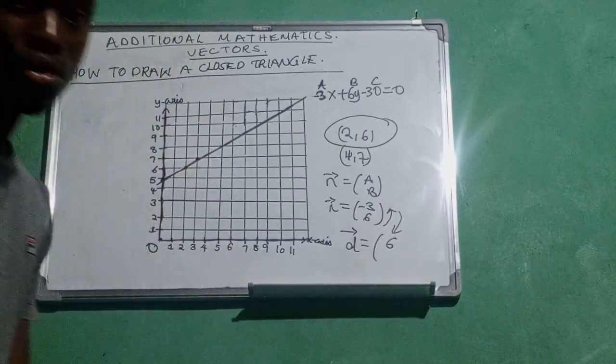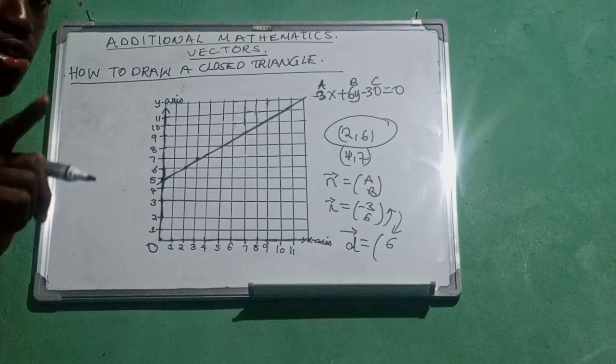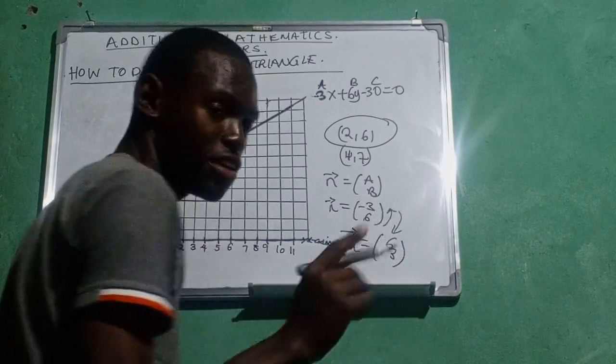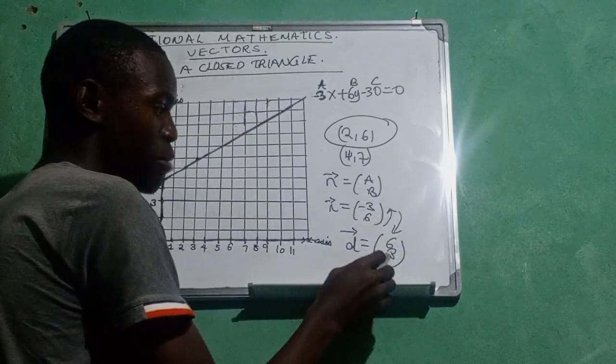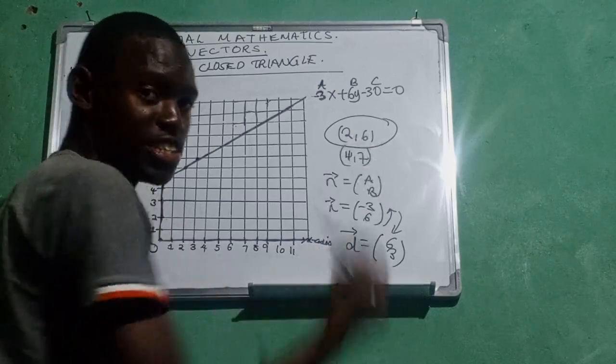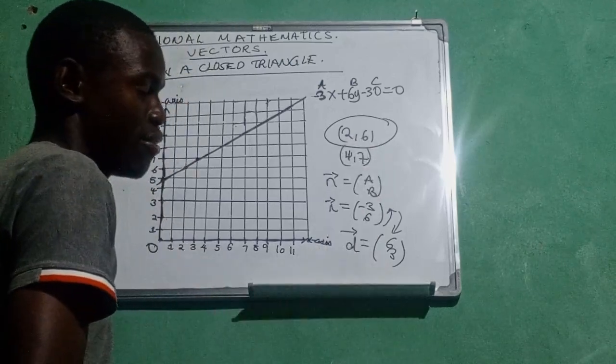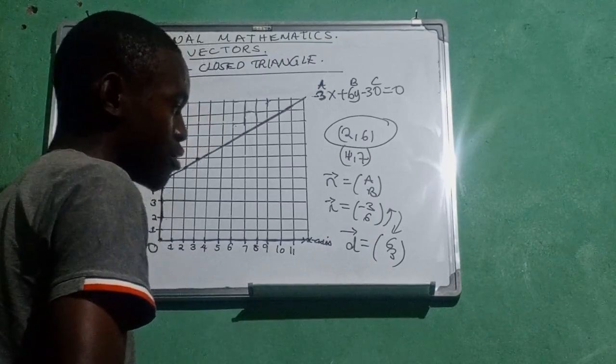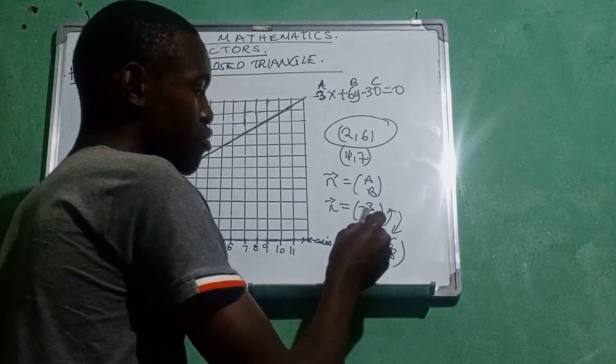Now, when there is a negative, you make it positive. Follow me here. What we have done is flip and change the sign. In this particular case, you need to change the sign.